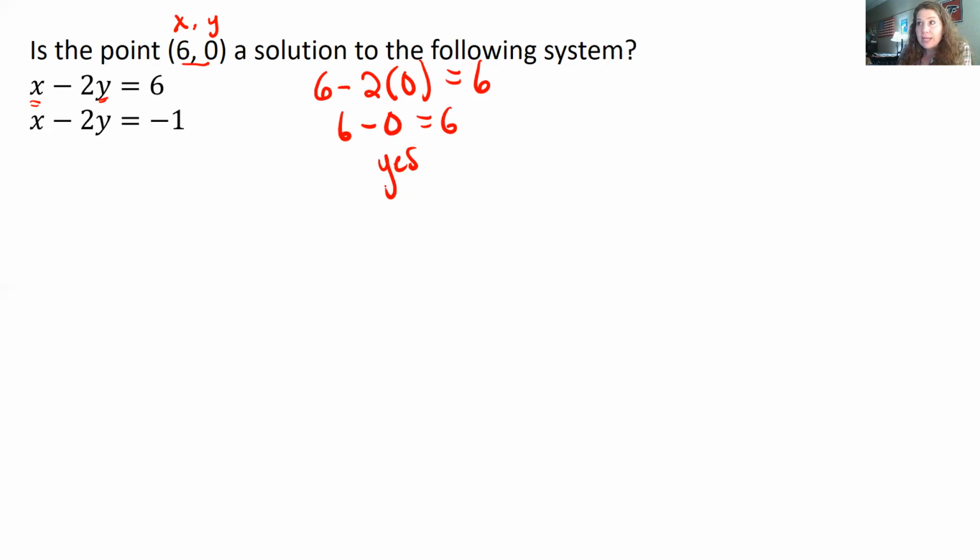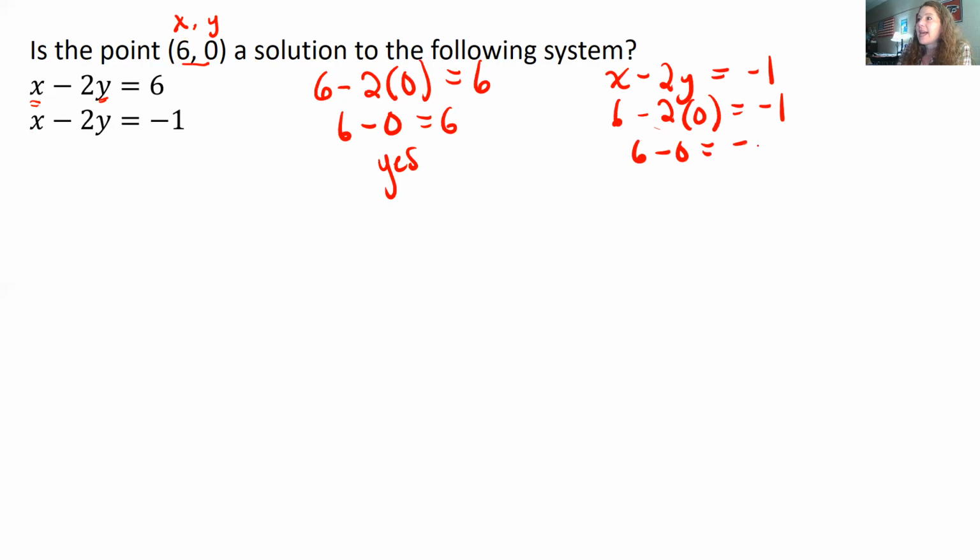So the answer to the whole thing might be yes, but we must have two yeses. We have to have two yeses. So we're going to take our second equation. I'm going to write it over here. Once again, I'm going to substitute 6 for x and 0 for y. Now 2 times 0 is 0.